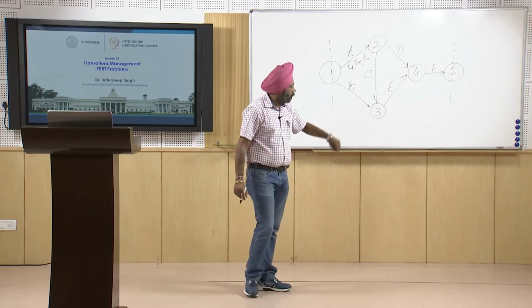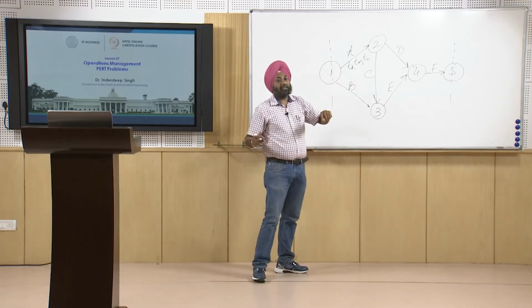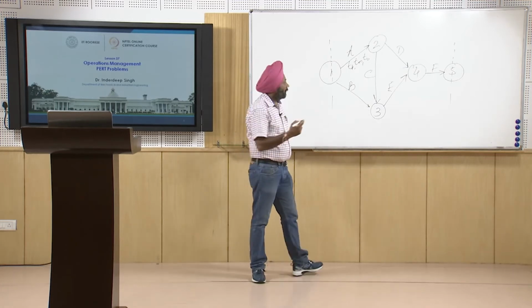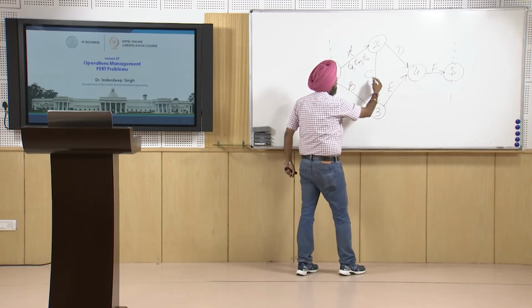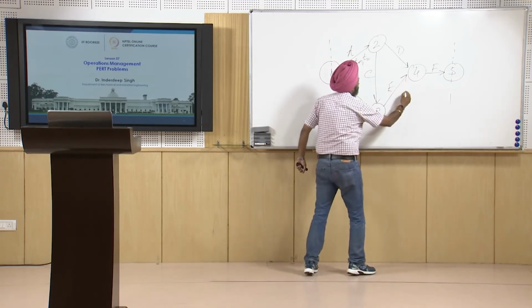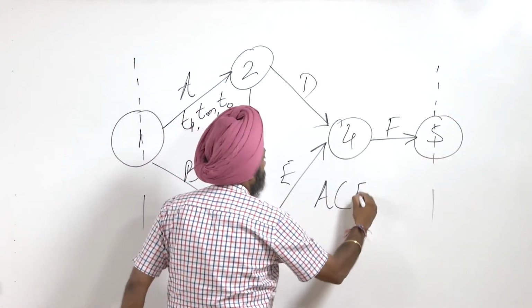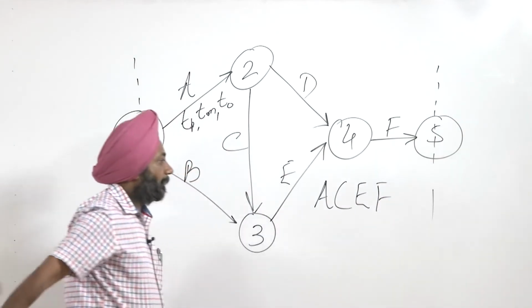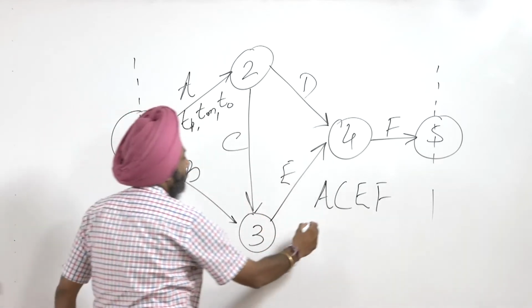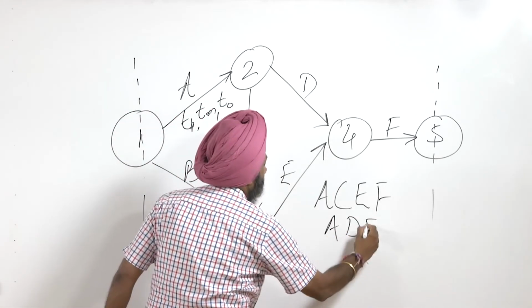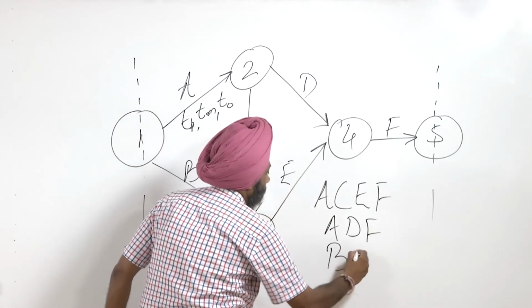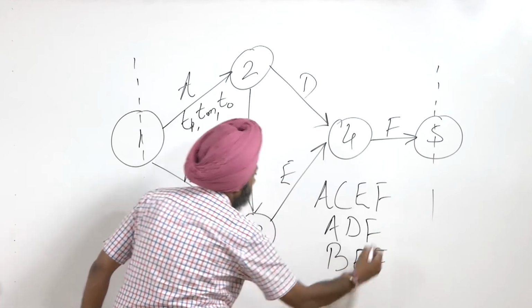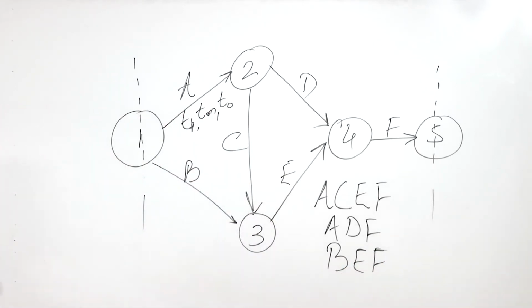And in this network, we can just see the number of paths in the network. We have one path A, C, E and F. Another path can be A, D and F. Another path can be B, E and F. So I think these are the 3 paths that are available in this network.